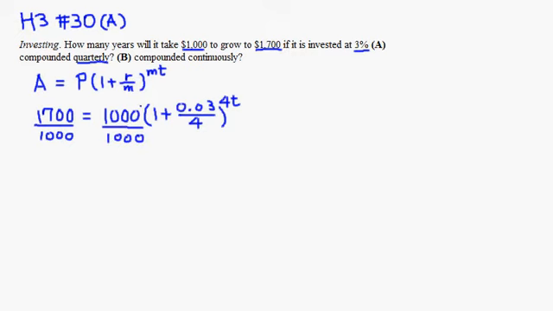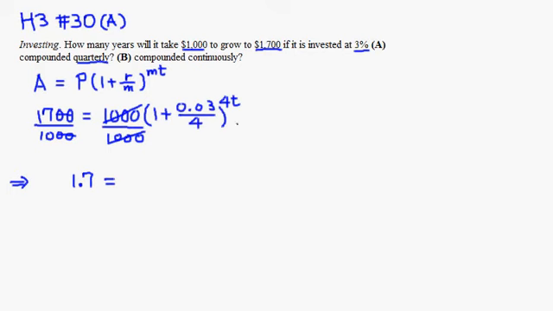That way I can get rid of 1000 on the right. On the left, there are 2 zeros here and 2 zeros here, and the zeros cancel out. 17 divided by 10 is easy enough, so I'm going to just write it right here: 1.7.